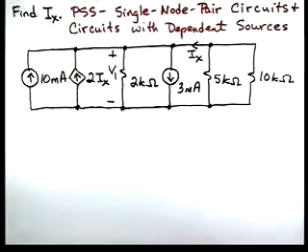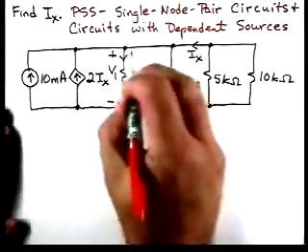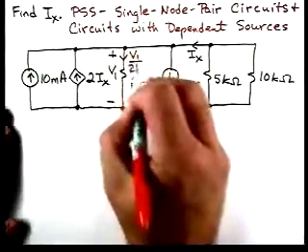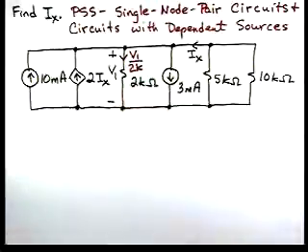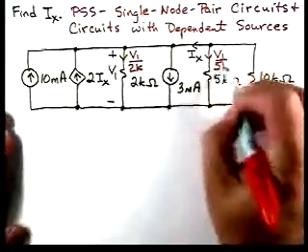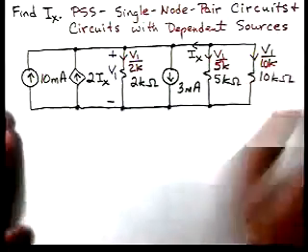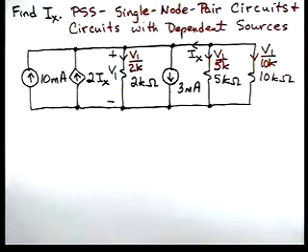The second step is to write currents through resistances in terms of that voltage using Ohm's law. So for instance, we have V1 over 2K, V1 over 5K, and V1 over 10K. So I've made that definition in terms of the voltage V1 using Ohm's law.